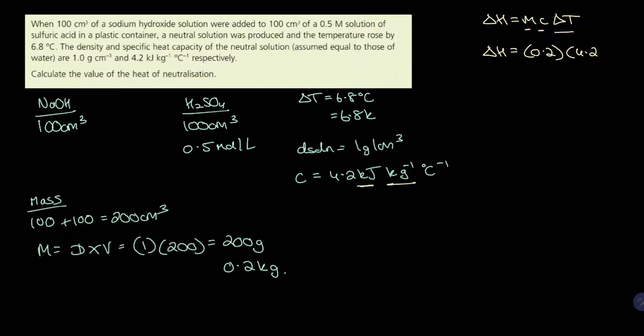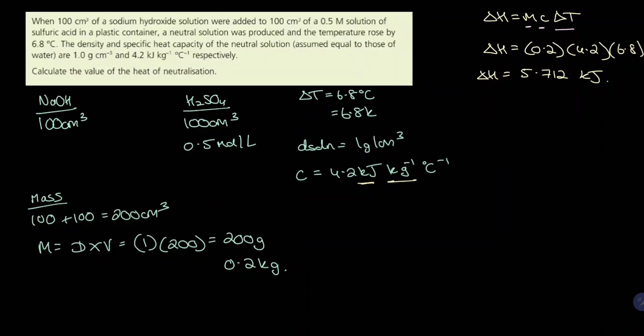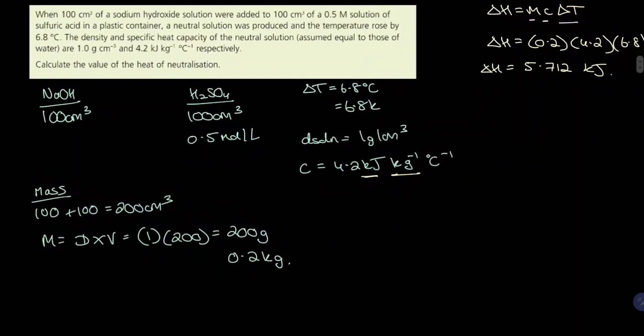You can change that to joules if you want, or you can keep it as kilojoules. And the change is 6.8 degrees. So now, if we put that all into the calculator, we're going to get a delta H to be 5.712 kilojoules. So that's the amount of energy that was released in a specific reaction.